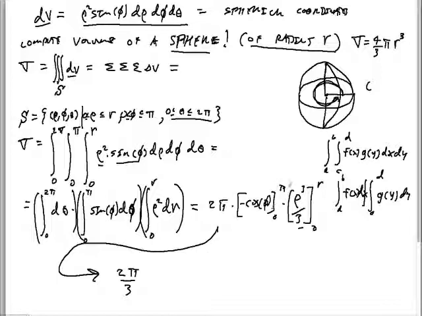And then cosine of pi is negative 1. Negative makes it a positive 1, minus a minus 1. And then finally we have an r cubed. So a 1 minus a minus 1 becomes a 2. 2 times 2 makes a 4. So 4/3 pi r cubed, just as desired.